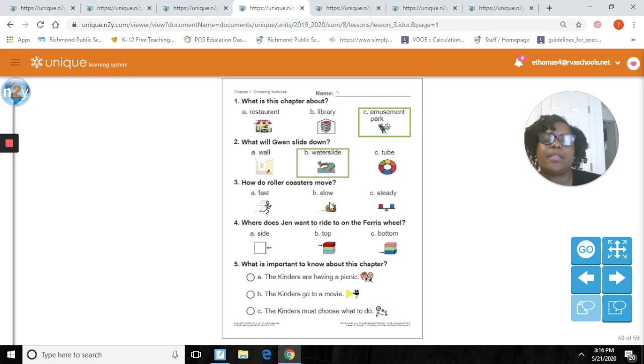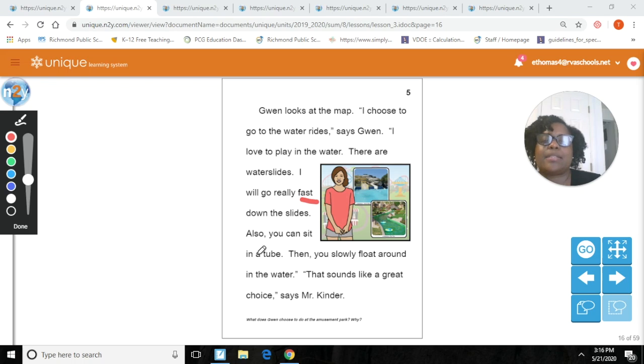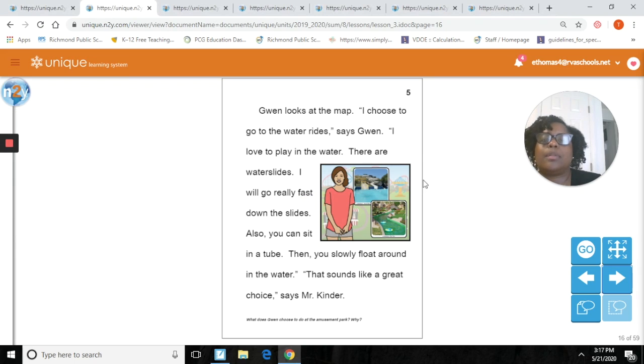A, fast, B, slow, or C, steady? Make a choice. How do they move? So we're going to use our story to help us find the answer, right? Now, how does a roller coaster move? Fast.